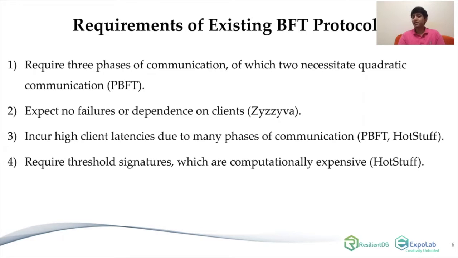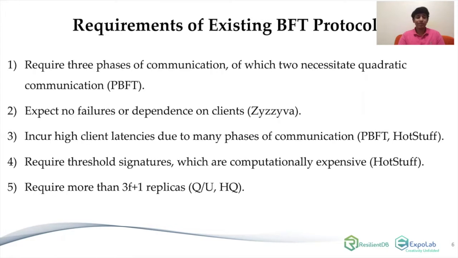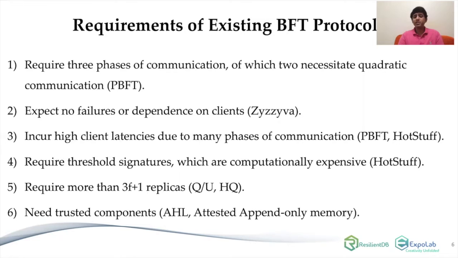But threshold signatures themselves are computationally expensive. Then some protocols say, how about we have more replicas than 3f plus 1. But having a larger number of replicas reduces scalability. Some protocols suggest using a trusted component, but trusted components themselves can become a source of failures.